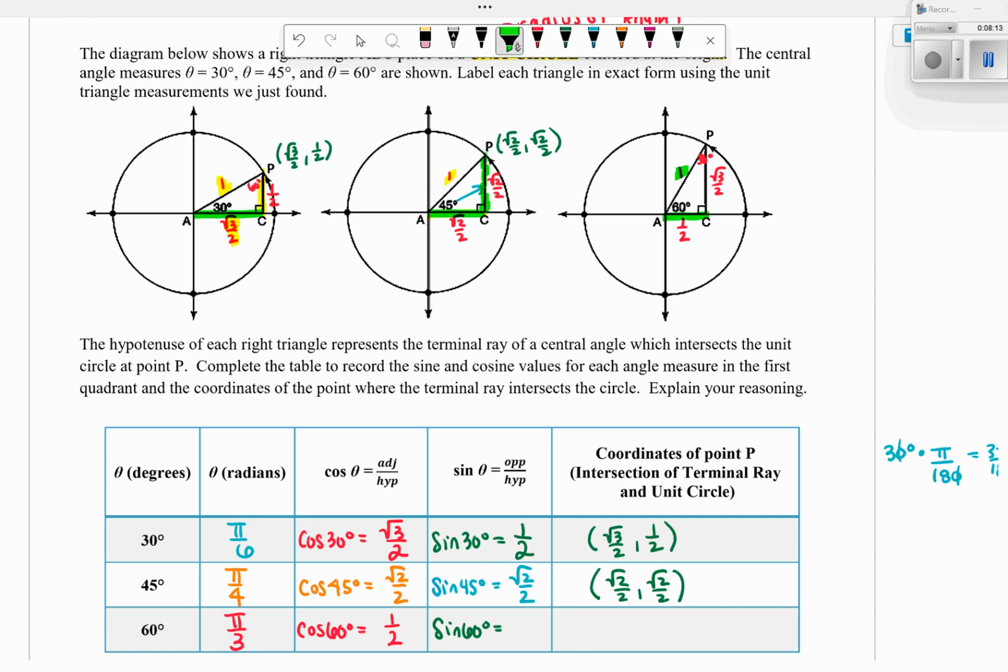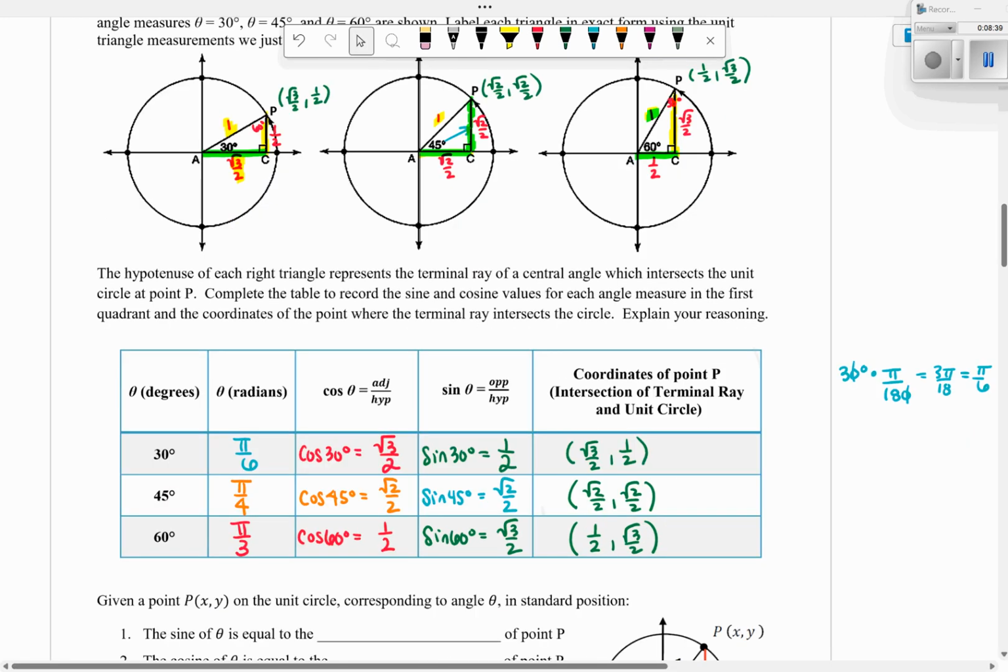So in this case, the opposite is root 3 over 2, hypotenuse is 1, so that means this is equal to root 3 over 2. And so then the points here, we're going over x, so over 1/2 distance, and up root 3 over 2. So that means the coordinates of point P would be 1/2, comma, root 3 over 2.